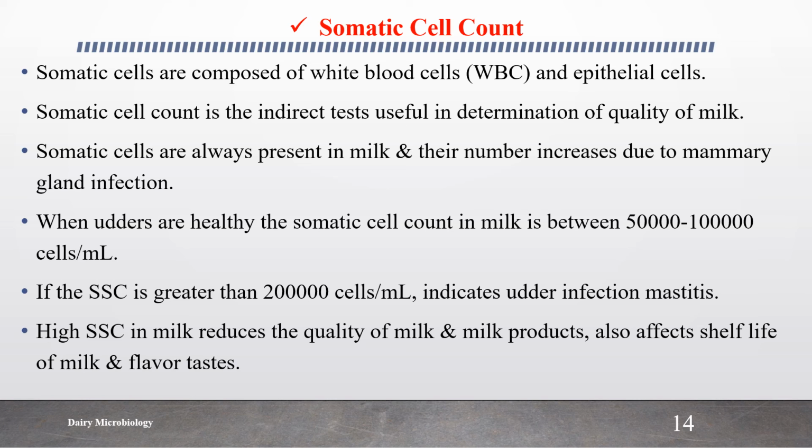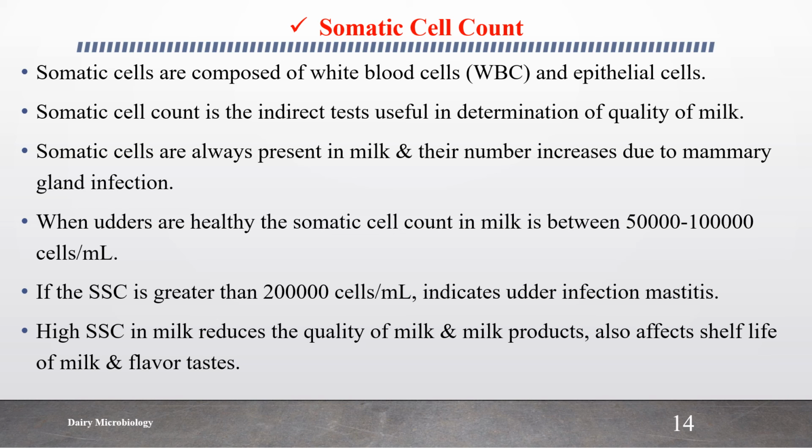When udders are healthy, the somatic cell count in milk ranges between 50,000 to 1 lakh cells per ml of milk. If the somatic cell count is greater than 2 lakh cells per ml, then it indicates the presence of udder infection, that is mastitis.